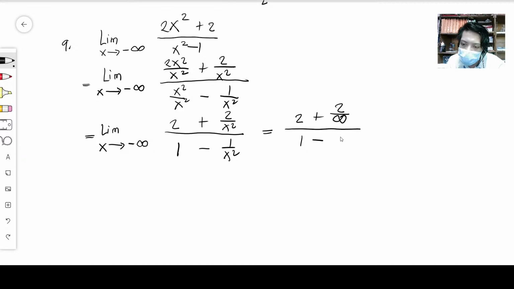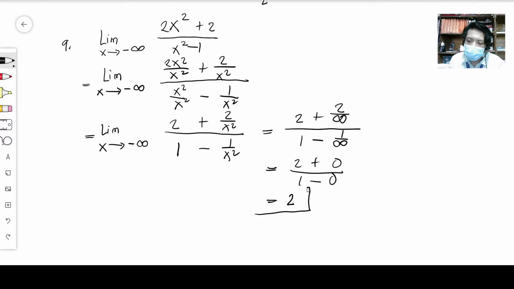Any number divided by a very large number is almost equal to 0. So this will be 2 plus 0 over 1 minus 0. So this is equal to 2 over 1, that is 2. So this is your answer.